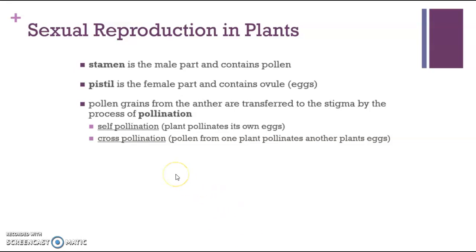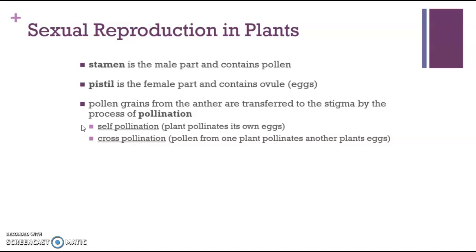It is important to notice that different kinds of plants can have both self-pollination and cross-pollination. Self-pollination would simply mean the pollen from that plant fertilizes the ovules in that same plant.